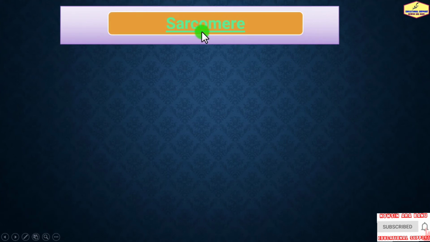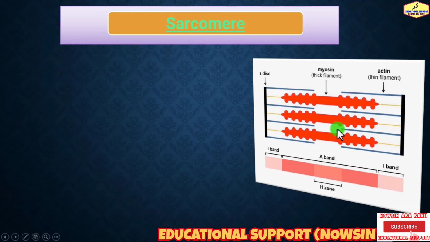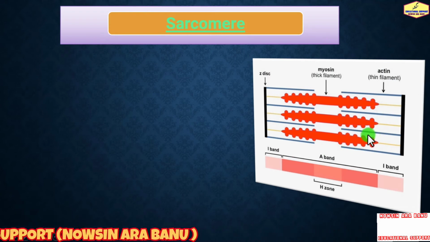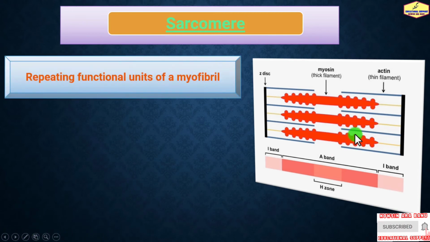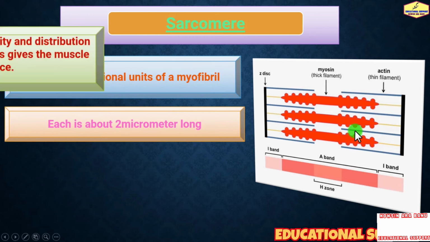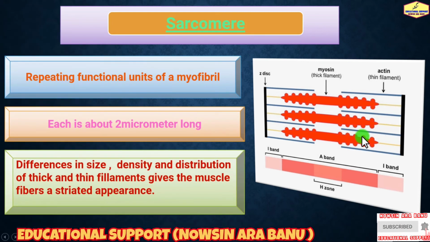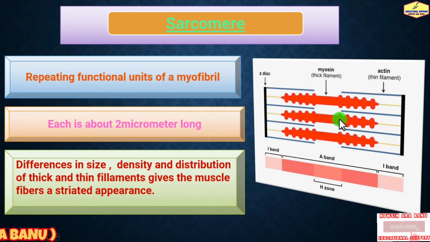Next is the sarcomere. So the sarcomere is a repeating functional unit of a myofibril. It is about 2 micrometers long. Differences in size, density, and distribution of actin and myosin filaments give the muscle fibers a banded or striated appearance.